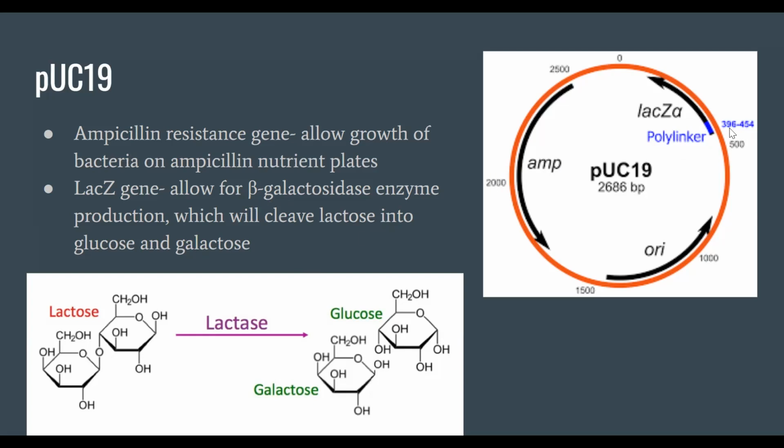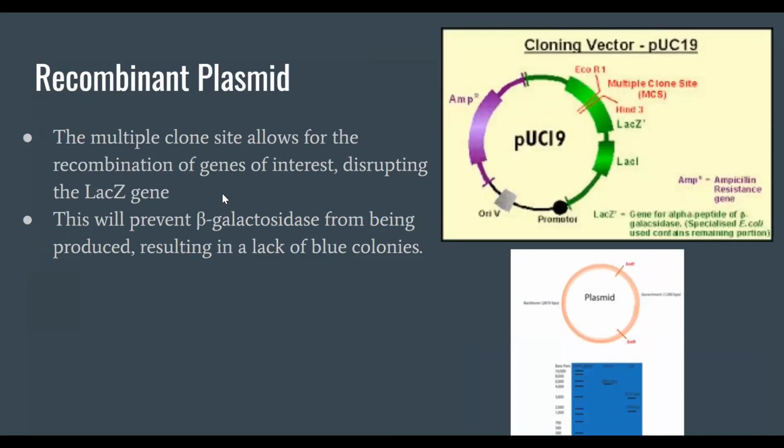Now, this polylinker right here, I have another slide on it, will allow for a recombination of another plasmid. So you can see here at the EcoRI sites in between both of them, we're seeing a thing that is called the multiple cloning site.